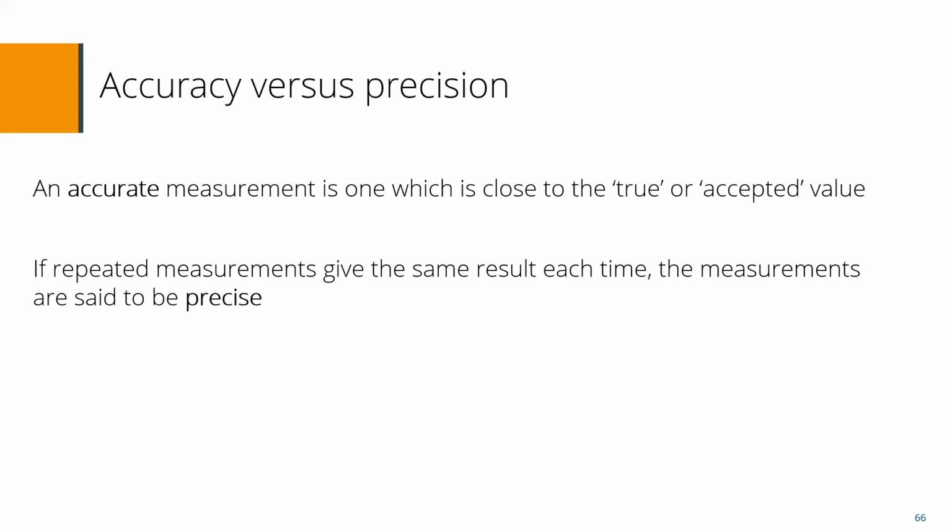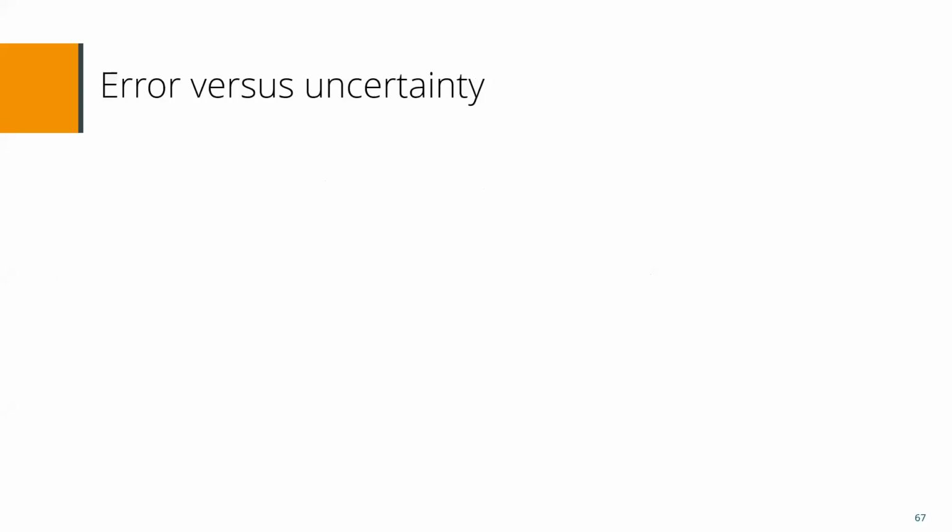A balance that is a 2 decimal place balance is less precise than a balance that measures to 3 decimal places. Okay.